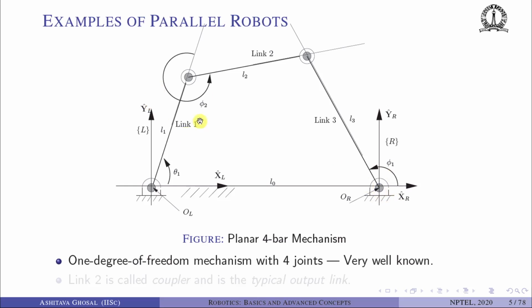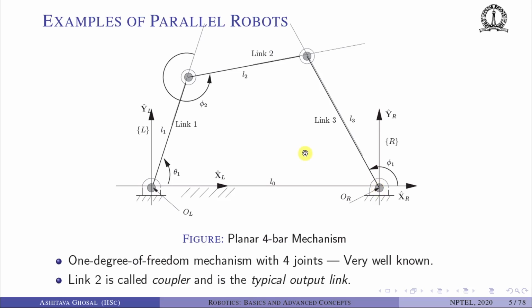And then we have link 1, link 2, link 3. Okay, these are the moving links, with link lengths L1, L2 and L3. There is also a fixed link which is of length L0. So that is the distance between the left fixed point and the right fixed point. Okay, so this is a very well-known example.